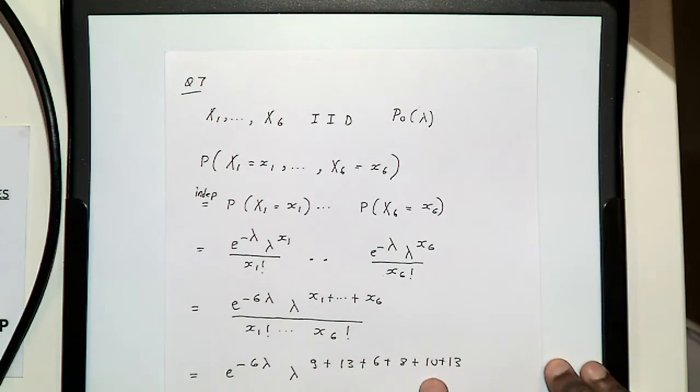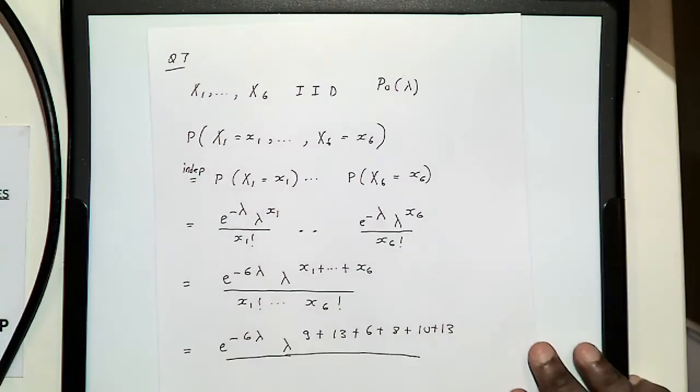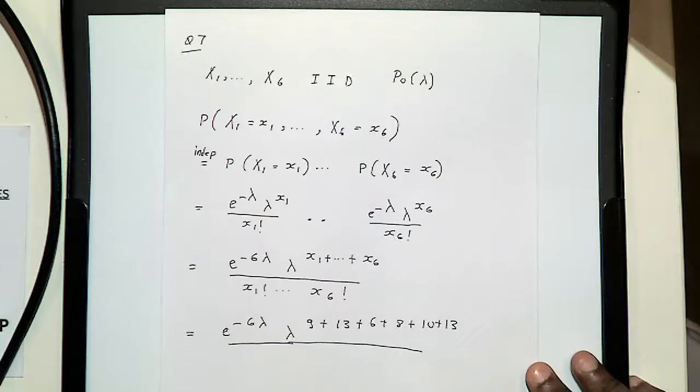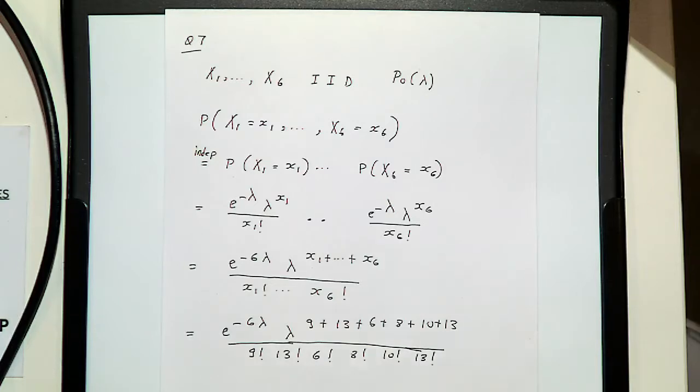So these are the 6 values for x1 to x6, divided by x1 factorial is 9 factorial, x2 factorial is 13, 6 factorial, 8 factorial, 10 factorial, 13 factorial. So this is the joint probability of the 6 observations occurring, right?